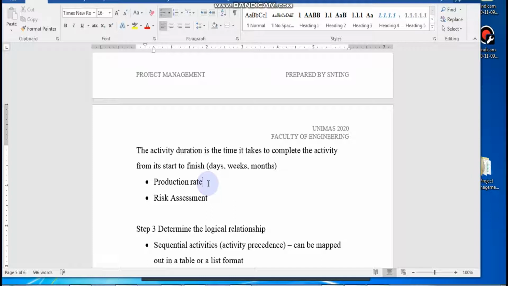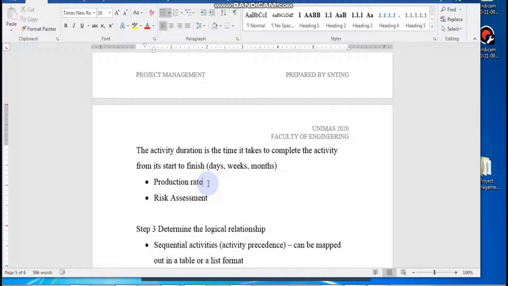And then after that, you also need production rates for machineries, labor, and machinery labor; they all have production rates. How much can a bricklayer lay in a day? How much concrete can the concreter pour in a day?